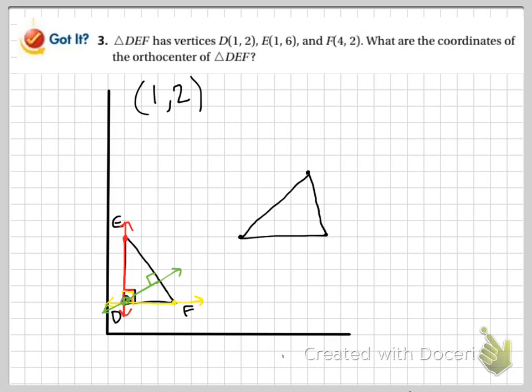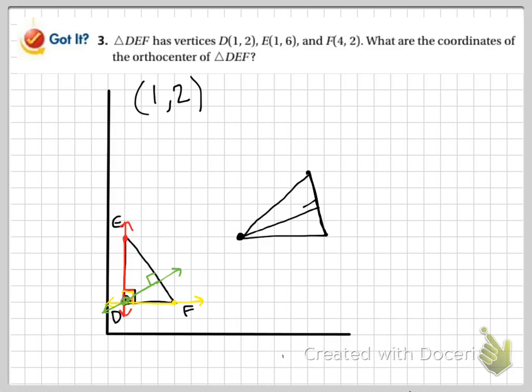What I would need to do if I was going to calculate this and not just roughly sketch it in, is figure out the slope of this line, and then take that fraction and flip it and change the sign so I could figure out the perpendicular slope, and I would need to go through this vertex over here.